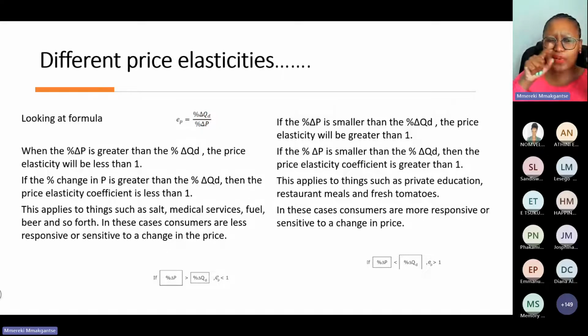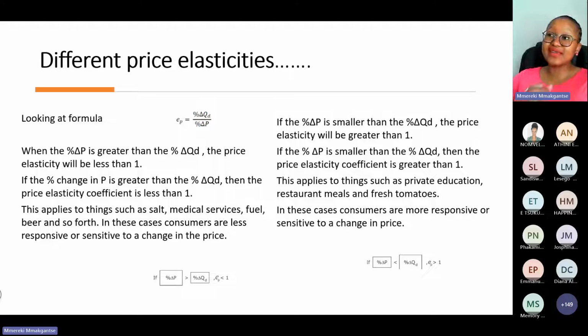QP, UP, QP, UP. You see, it's rhyming. Yeah. So then remember, the coefficient is percentage change in quantity demanded, QD, over percentage change in price. So please always remember that. Know your formulas, understand them.